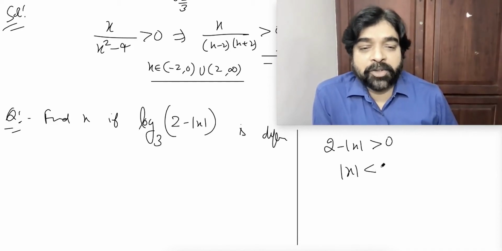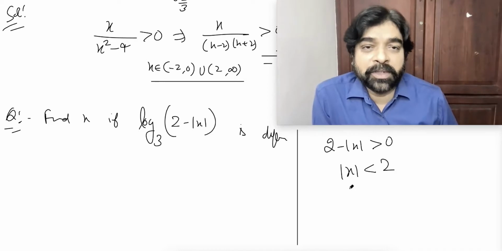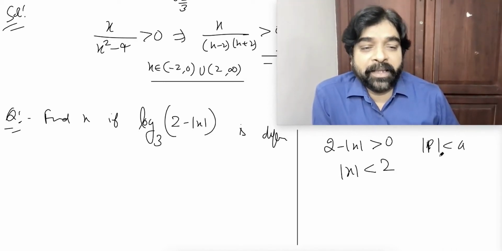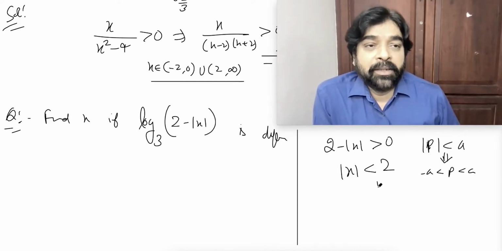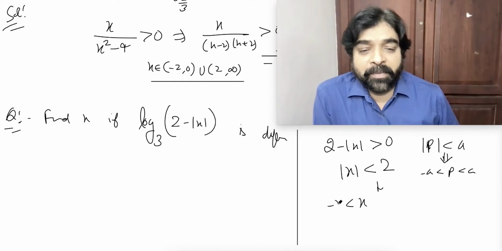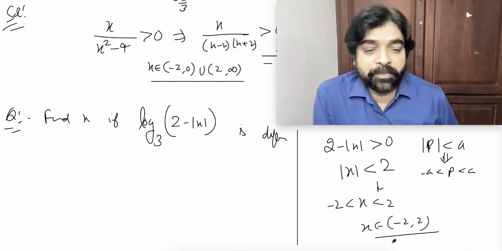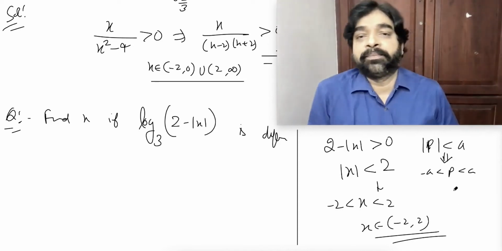That means |x| should be less than 2. What I told you, if |p| is less than a, then p will lie between −a and a. So this will give you what? x lies between −2 and 2, means x belongs to (−2, 2) is the answer.